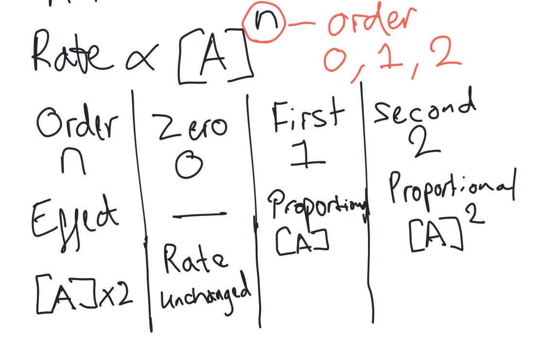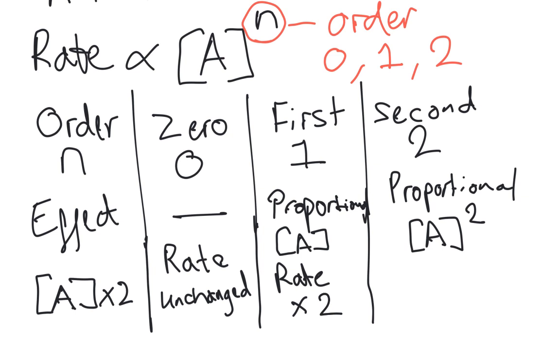Whereas if I'm talking about something being first order, if I double the concentration of A, now this is 2A, and it's a constant times 2A rather than just times A, so actually my rate would double. So the rate is 2 times what it was previously. Okay.